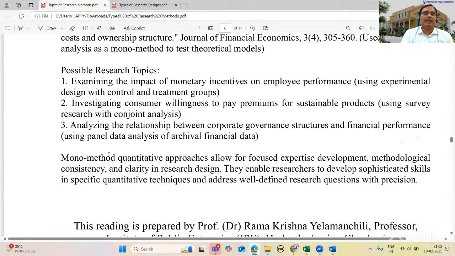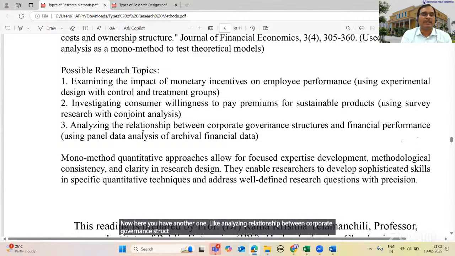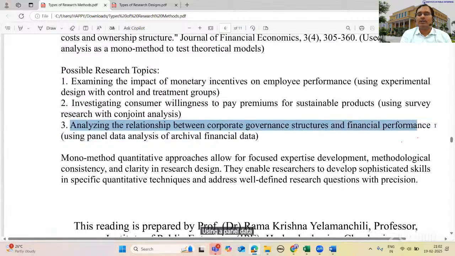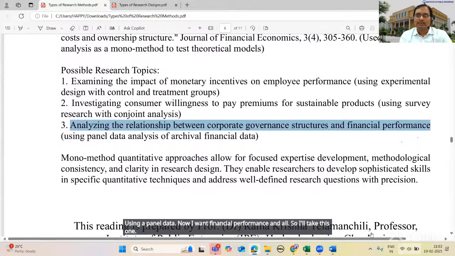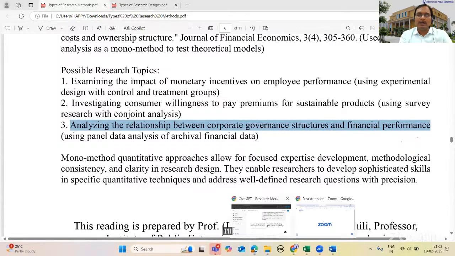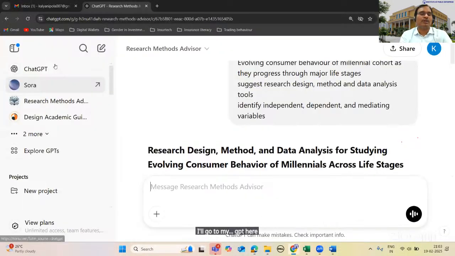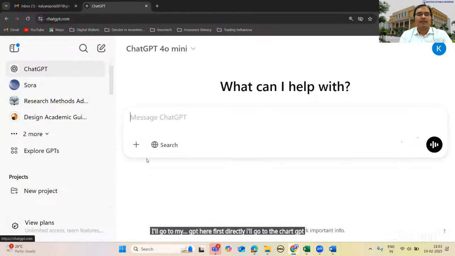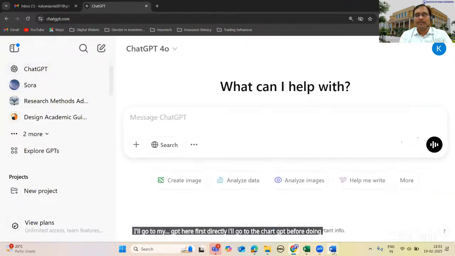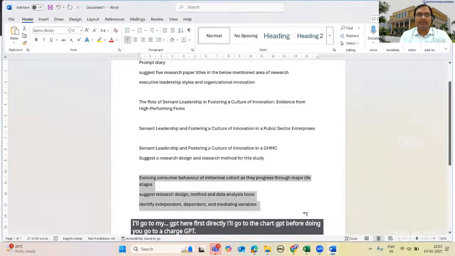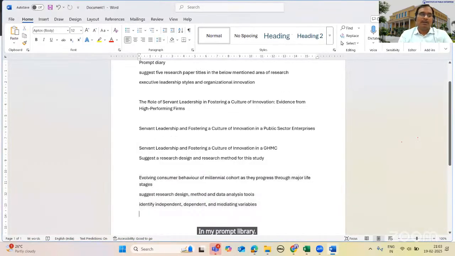Now here you have another one: investigating and analyzing the relationship between corporate governance structures and financial performance using panel data. I want financial performance, so I'll take this one. I'll go to ChatGPT, to my prompt library. I will copy this topic.